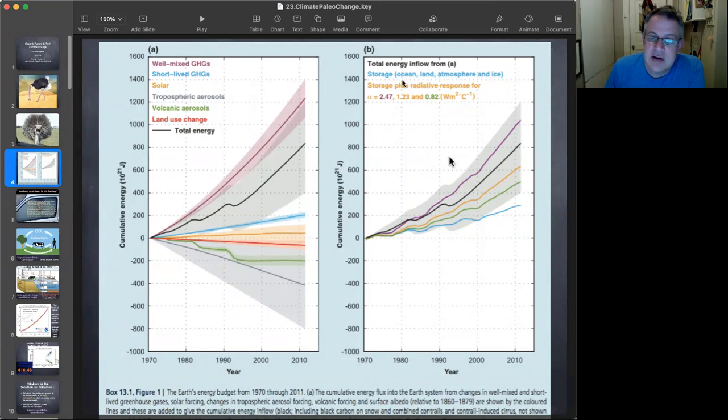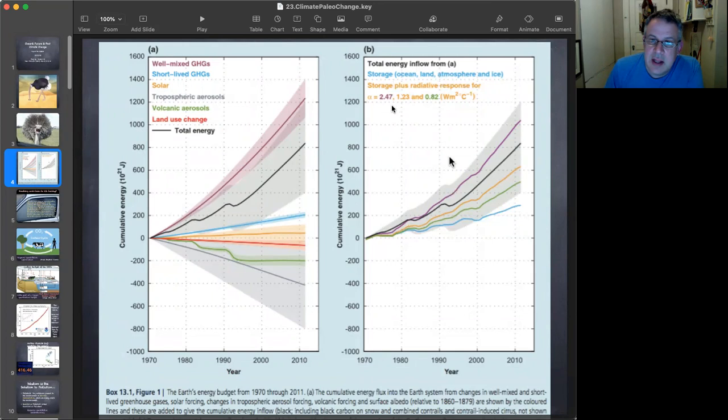Okay, where is the energy in the world? Well, most of it is stored. This is the storage. It's broken up into a storage part, which is the warming of the Earth system, which is over 90% in the ocean. That's about 200 zettajoules.